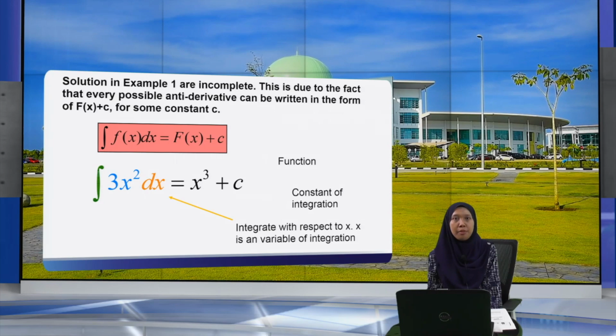As I mentioned before, x is the variable of integration, so we are integrating 3x squared with respect to x, and the answer is x cubed plus C. I will explain to you a little bit why we need to add plus C in our solution.